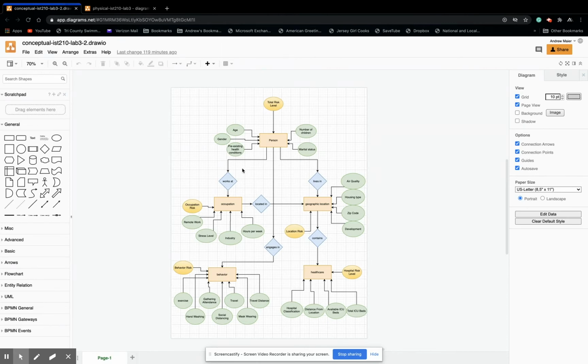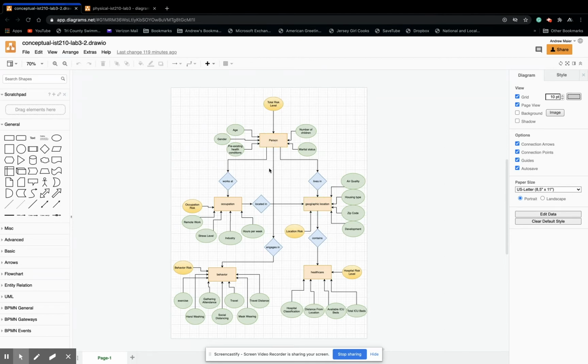So we have a bunch of different risk factors that you can see here. They're broken up for the most part into different entities. This helps provide organization to this whole scheme and also allows us to relate different groups of information that are ultimately tied back to one person.